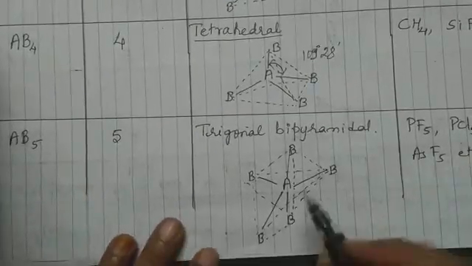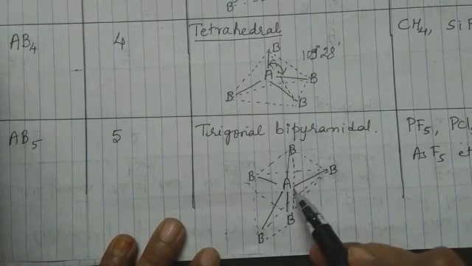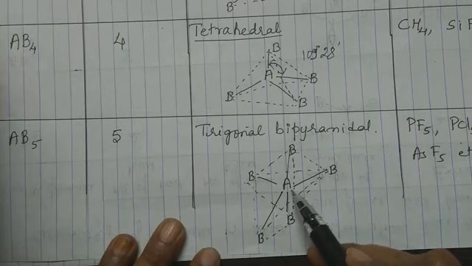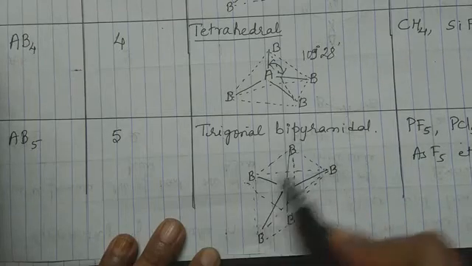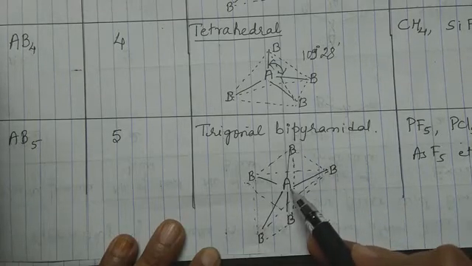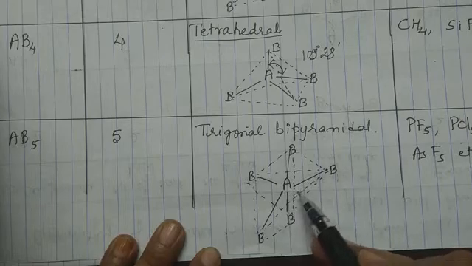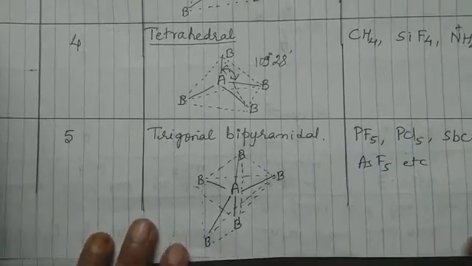So I have central atom A surrounded by 5 atoms, right? 1, 2, 3, 4, 5, which are joined to the central atom A. So which are the examples showing this molecule?